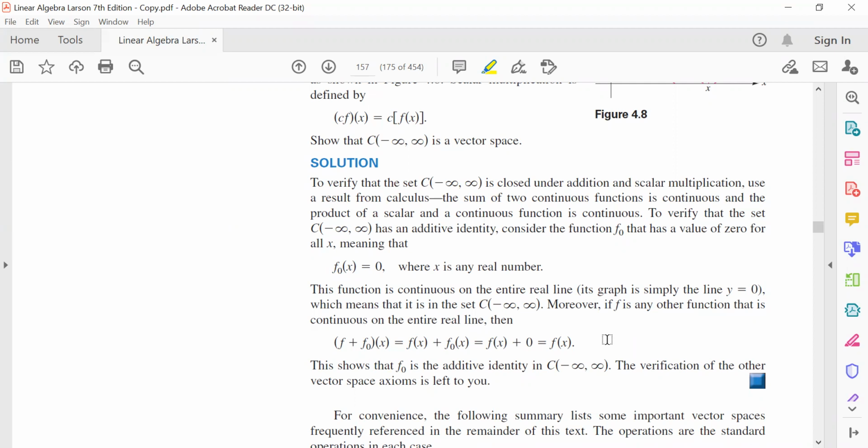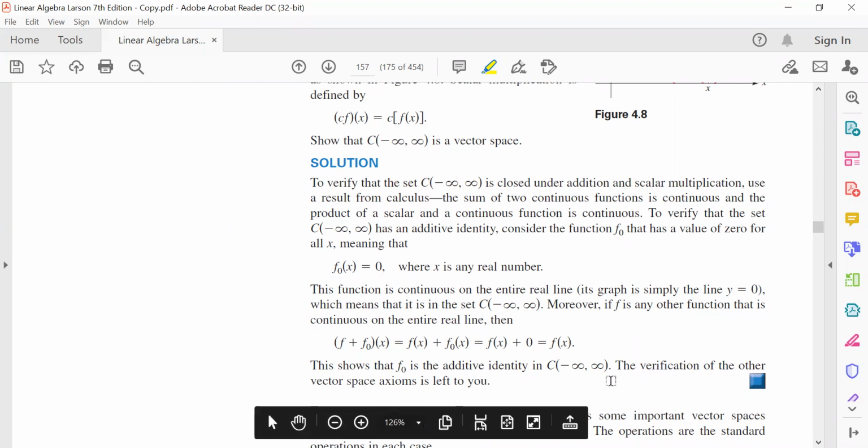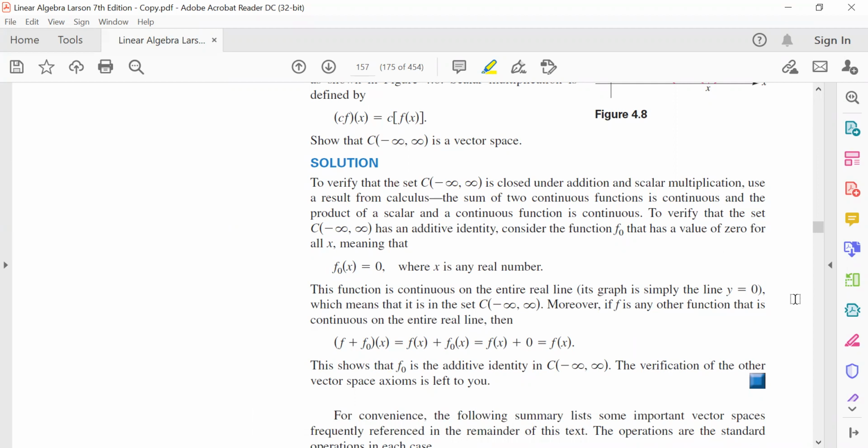Adding functions is commutative and associative and all these other things. Again, it's very easy to show, and I'll leave it up to you to fill in all ten. But this is a really great example because these things don't look like little arrows; they're curvy function thingies. So that's really what I'm trying to show you.